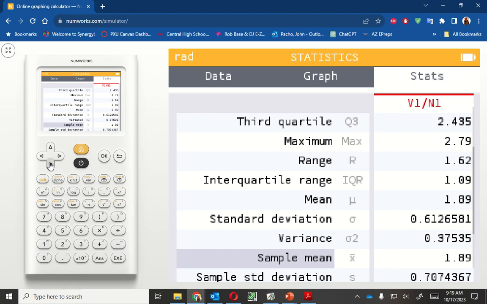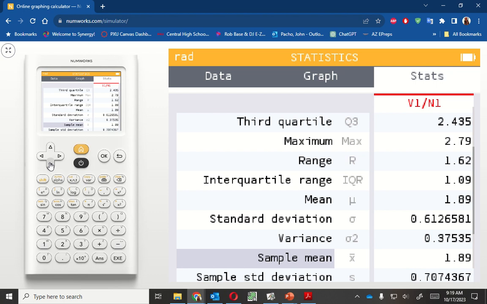So we want X bar. X bar. I know you guys are all writing this down because it's important for you to get this correct. You want X bar, sample mean. So my sample mean is going to be 1.89, right?